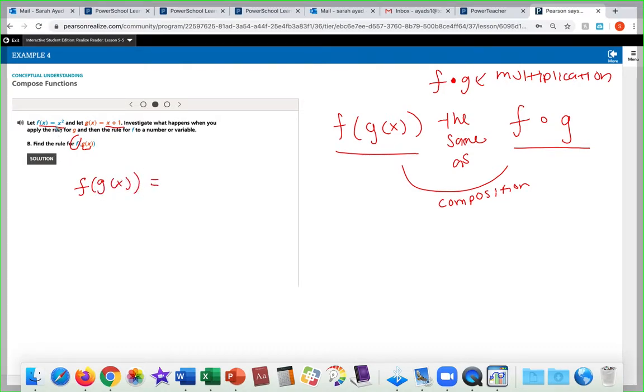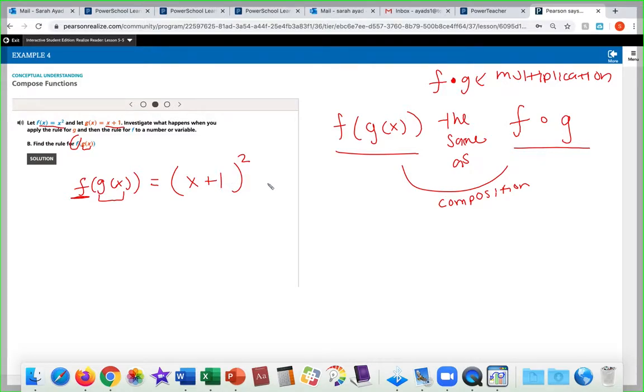The function f, the one on the outside, is x squared, so something squared. I like to leave blank parentheses. Why? Because I want to, instead of x, replace it with something. What am I looking to replace it with? g of x. What's g of x? Well, g of x is x plus 1. So I'm going to put in x plus 1.